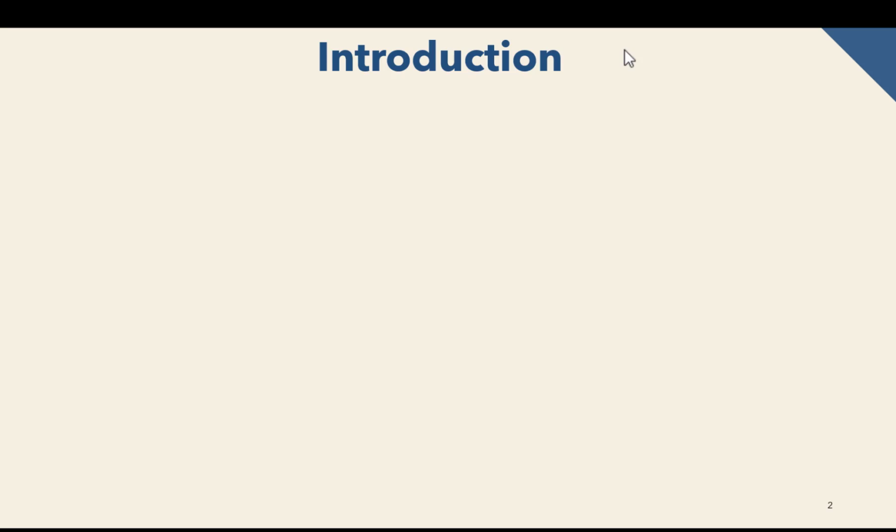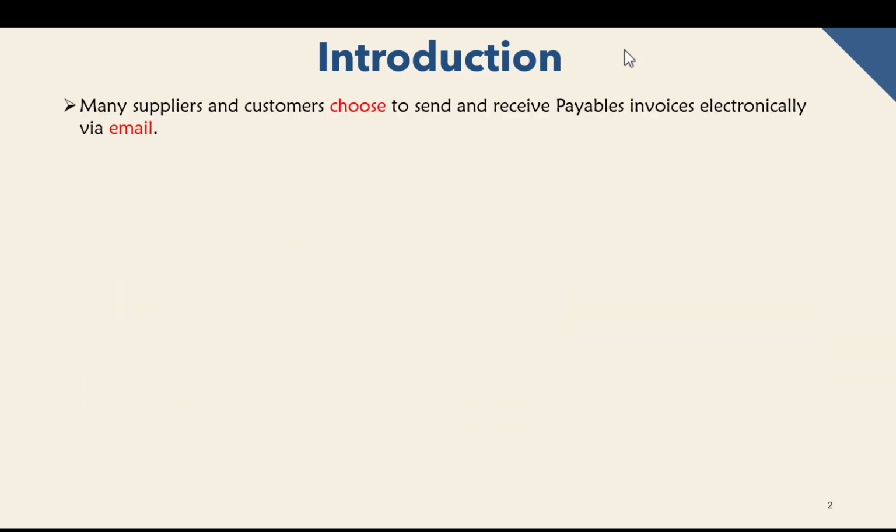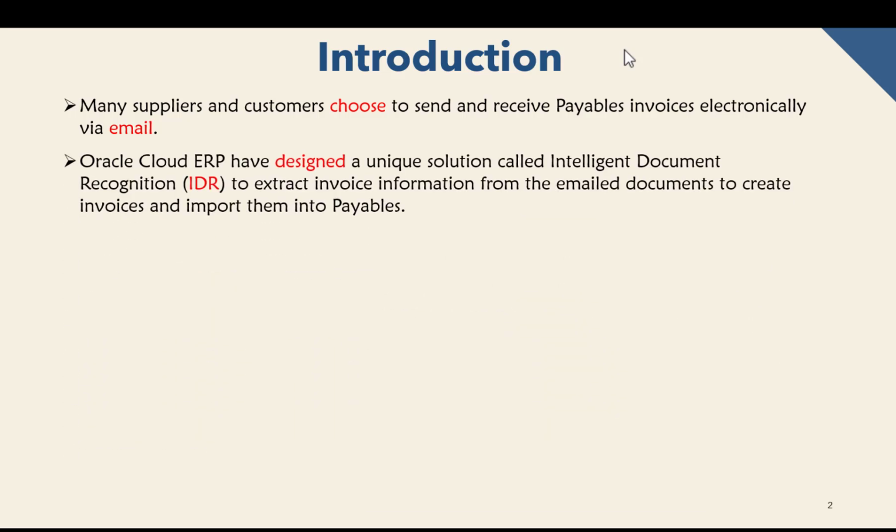First, the introduction of the IDR feature of accounts payables. As you know, many suppliers and customers choose to send and receive payable invoices electronically via email. Oracle ERP has designed a unique solution called Intelligent Document Recognition, IDR, to extract invoice information from emailed documents to create invoices and import them in the accounts payable module.